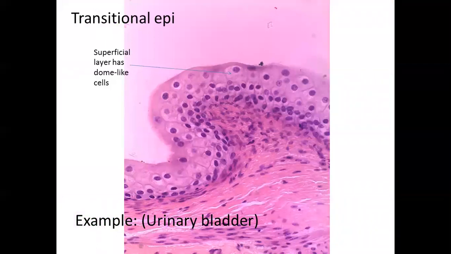The last or final slide is from the transitional epithelium. The characteristic feature of the transitional epithelium: the cells of the superficial layer, not the basal layer, have dome-like cells, sometimes called umbrella cells or belly cells, umbrella or dome-like large cells.